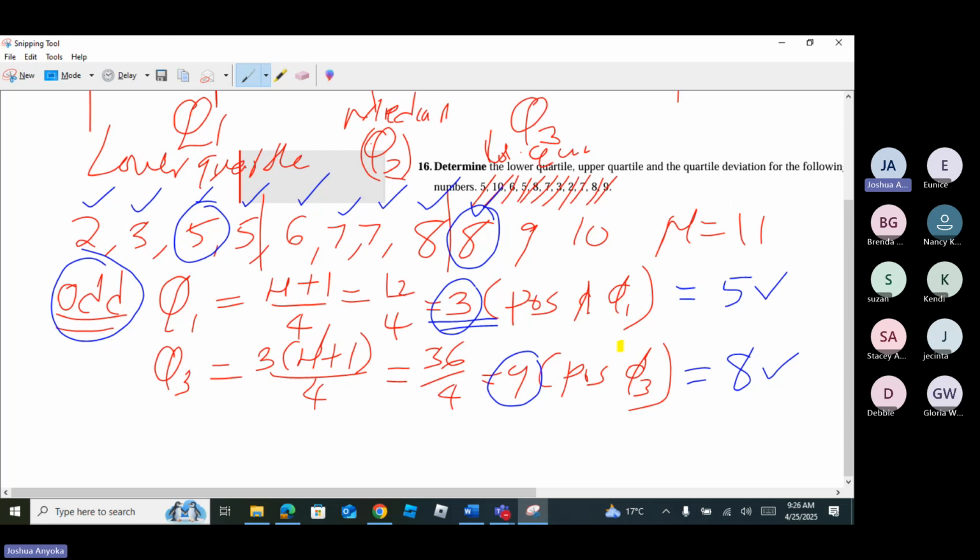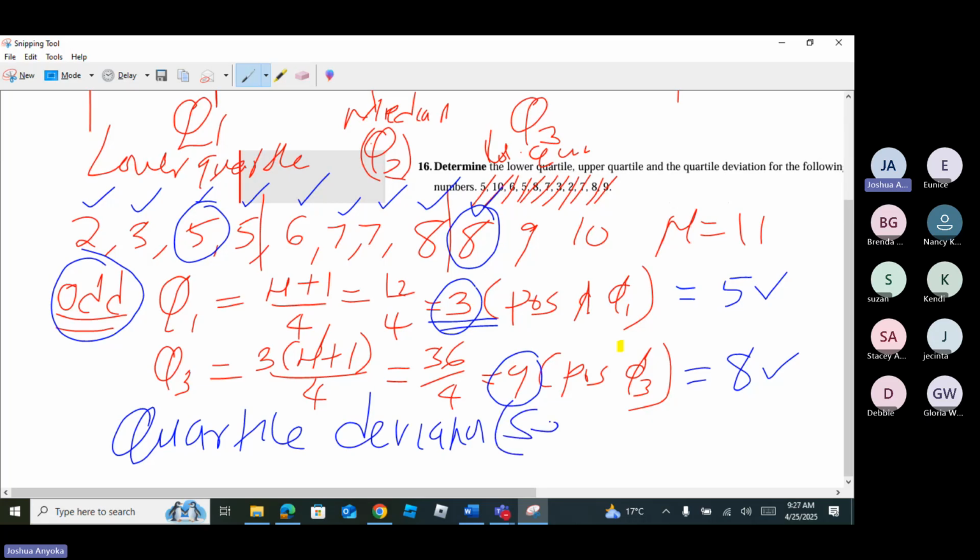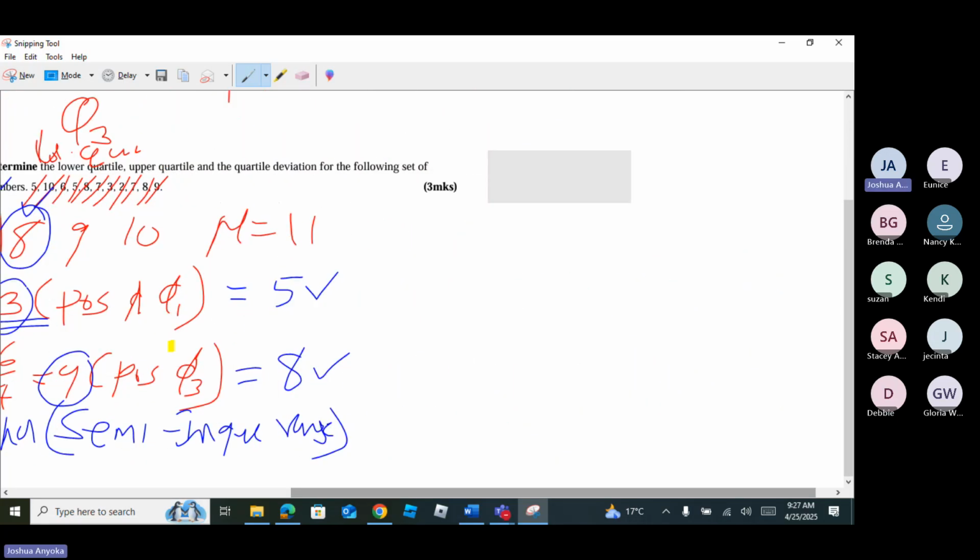Quartile deviation is also called the semi-interquartile range, which is always equal to the upper quartile Q3 minus Q1, divided by 2.